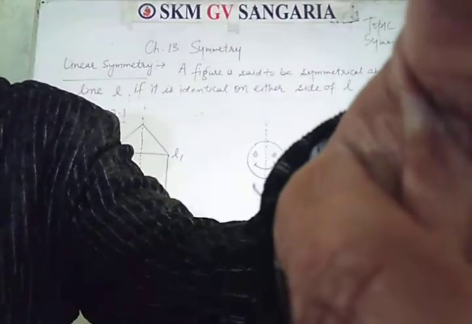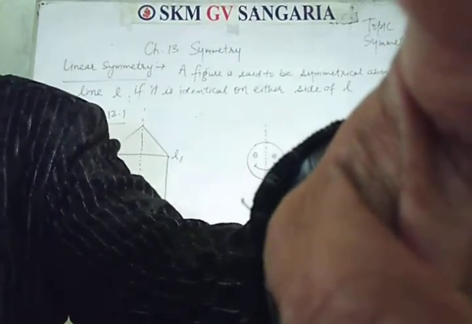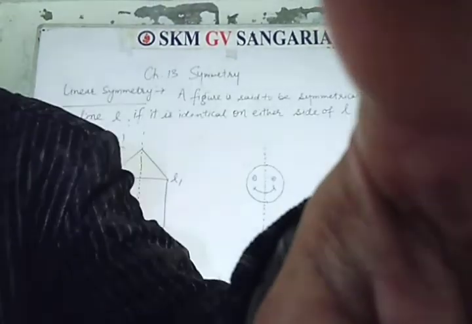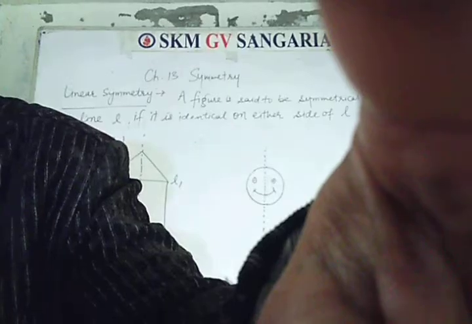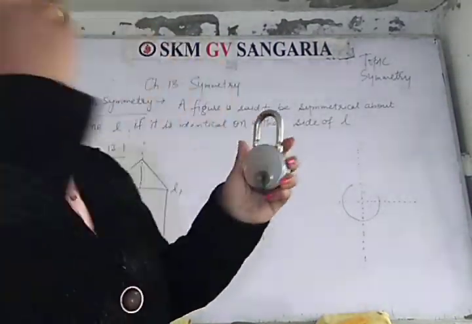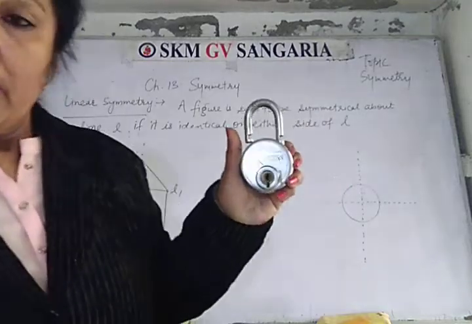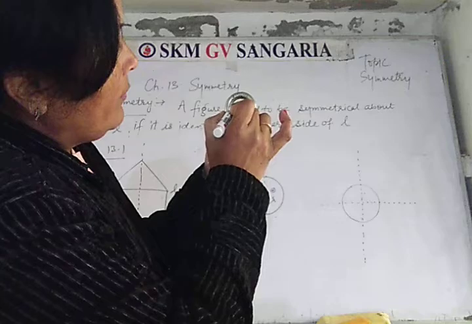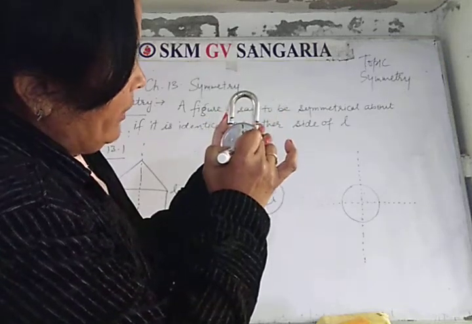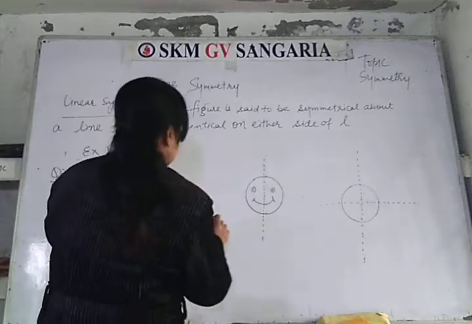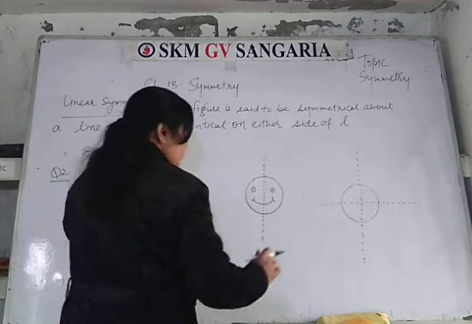So here I am having a lock. Yes, this is the lock. So here the line of symmetry can be drawn in this way.